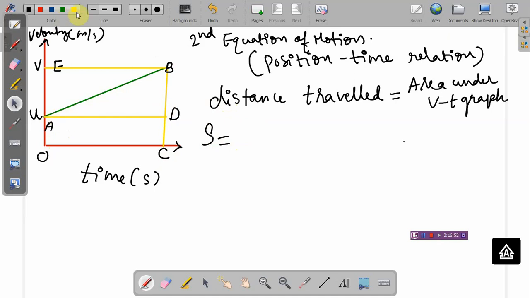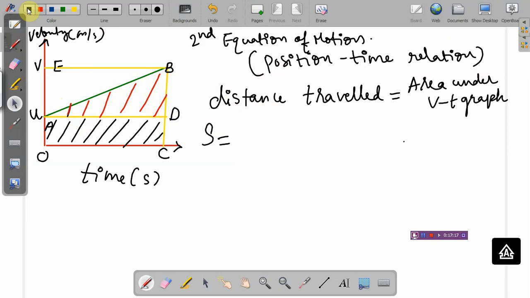So I'm just showing it to you like this. This is my rectangle and this is my triangle, right?